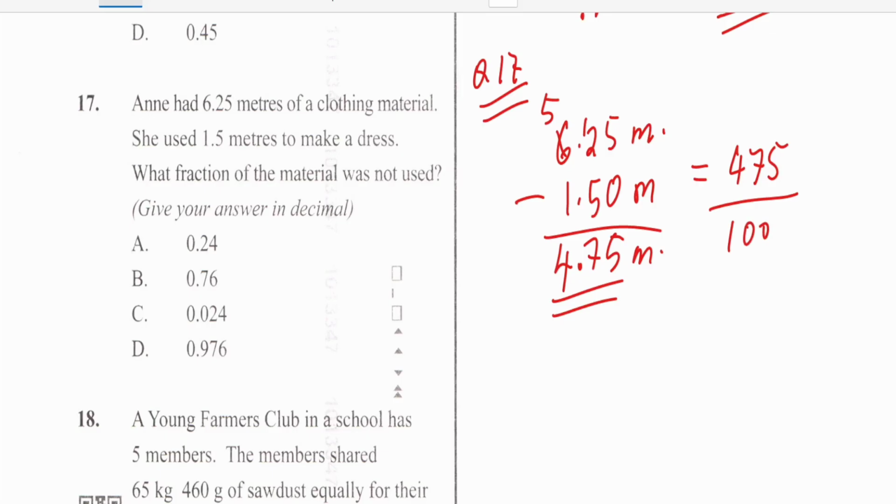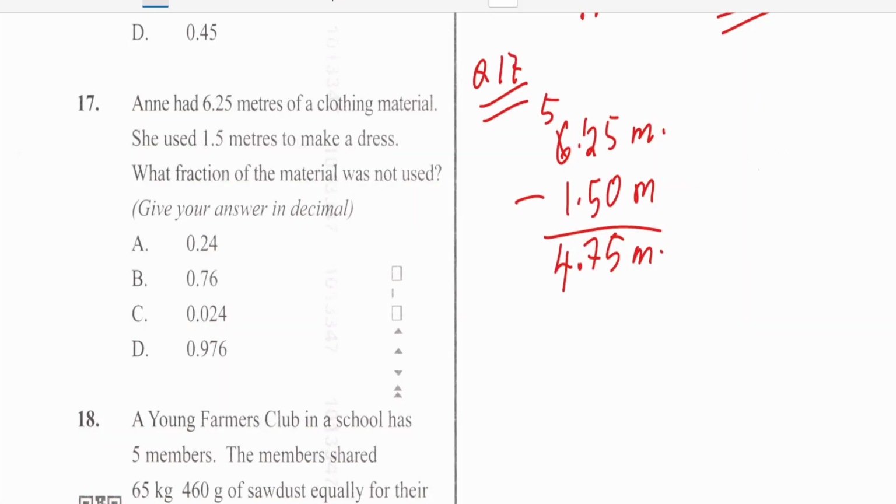But now, is it just me, or is it the ones that set the exam that are confused? Okay, I think after pondering a lot, I think I got it. Oh, that's why they were asking what fraction of the material was not used. It's a very tricky question. If you're not very keen, then you could get it wrong. Are we teaching our kids to be critical thinkers? But it's a very nice question. Never seen this type of question before.